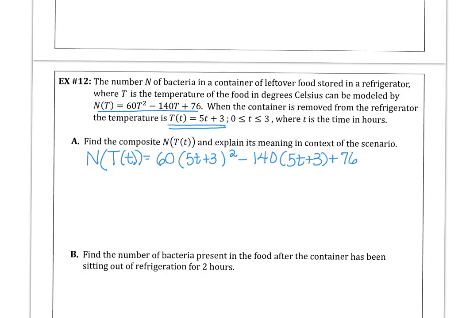That's as far as you would need to go unless they asked you to simplify for a multiple choice question. And if that was the case, then I would use the expand feature on my calculator and simplify that to find 1500 t squared plus 1100 t plus 196, but that's not always necessary on the AP exam.